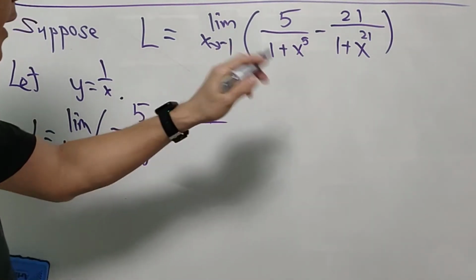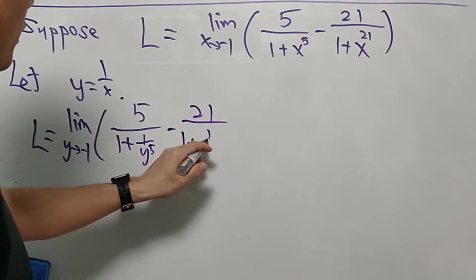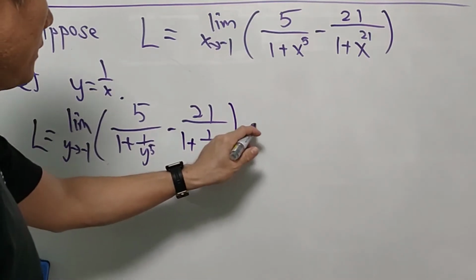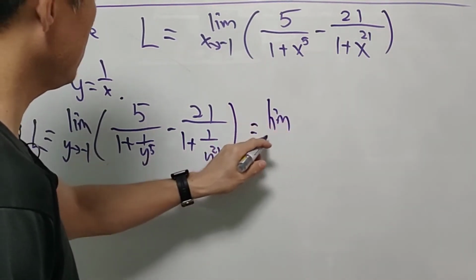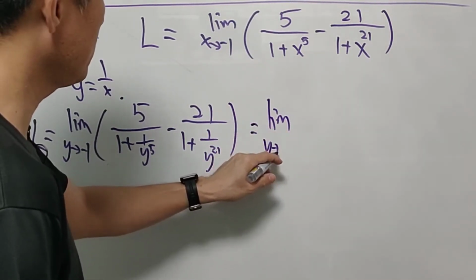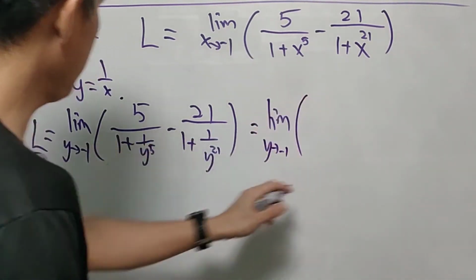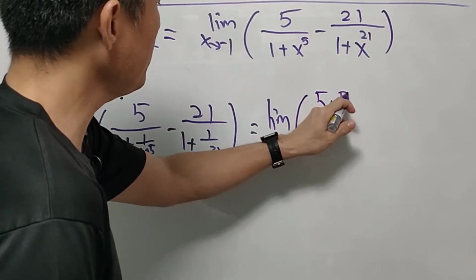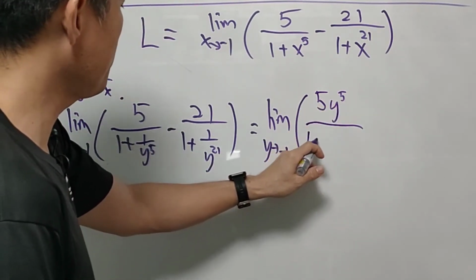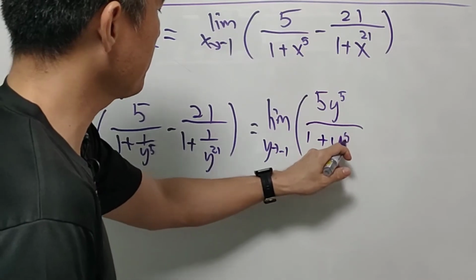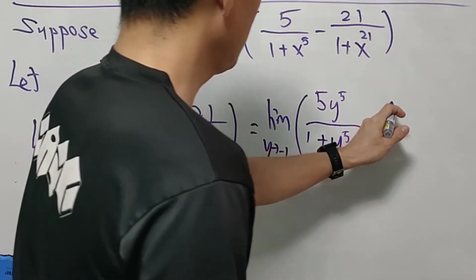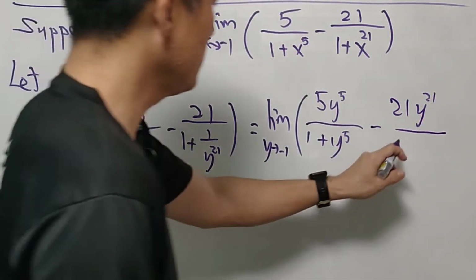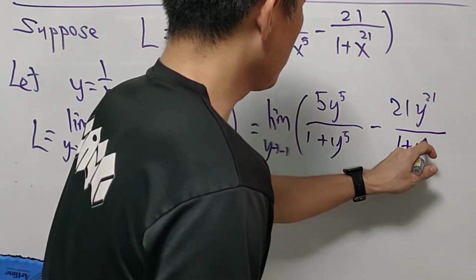Likewise, x to the power of 21 becomes 1 over y to the power of 21. And this will mean that it is y going to -1, of 5y^5 over 1 plus y to the power of 5 minus 21y^21 over 1 plus y to the power of 21.